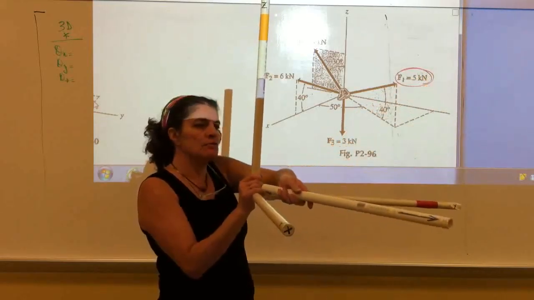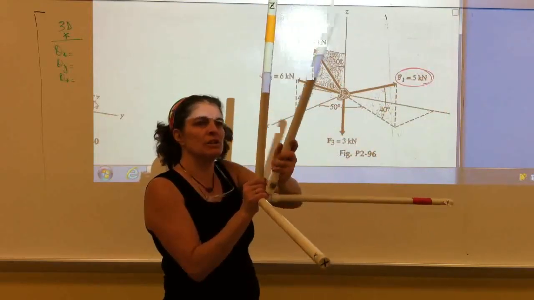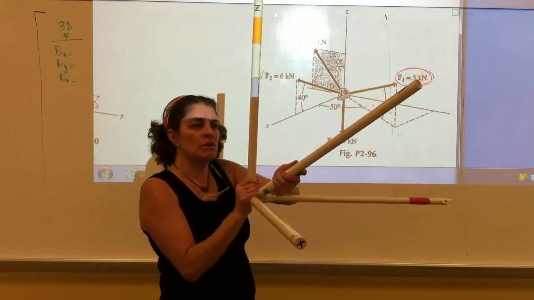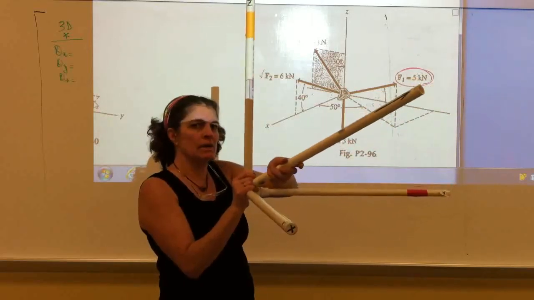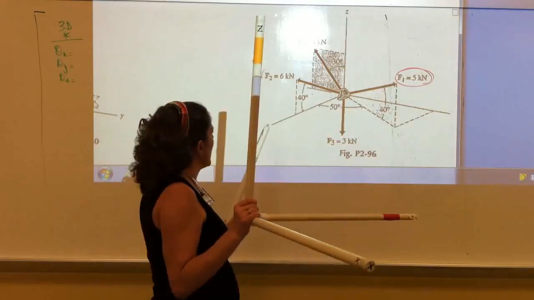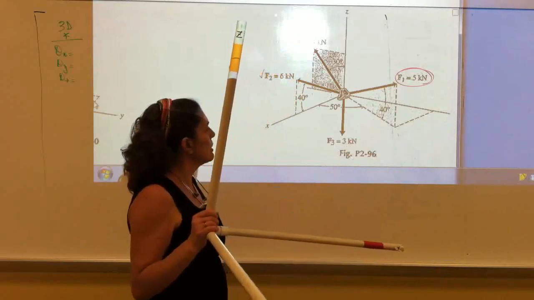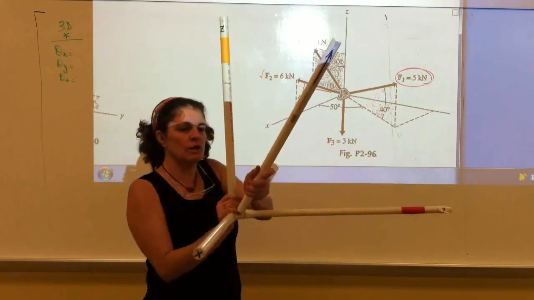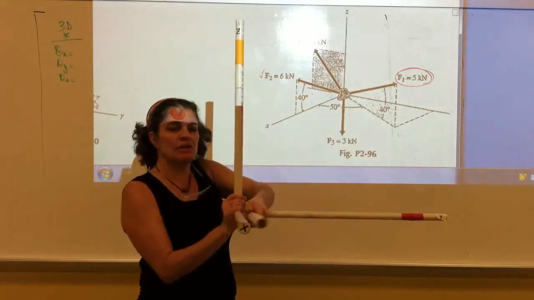Well, if it's 40 degrees to go down to the plane, then this right here must be 50 degrees. So they are giving us theta z, but not theta x or theta y. So we have to figure out a way of finding the x component and the y component of F1, because they don't give us theta x and theta y. They give us the 40 degrees down to the xy plane, and then 50 degrees to get to the x-axis.